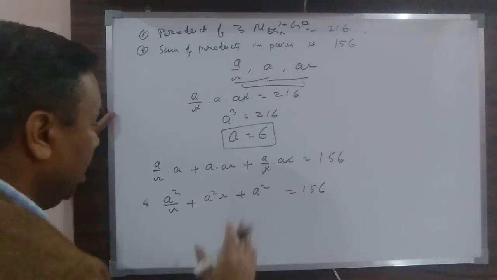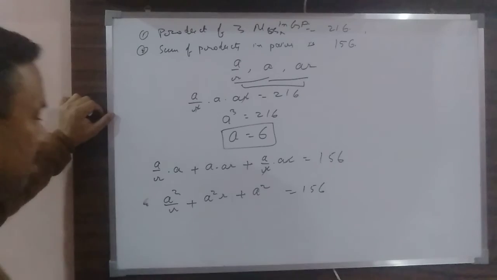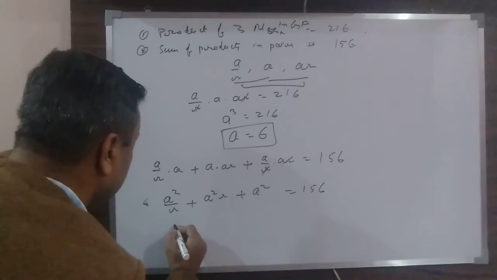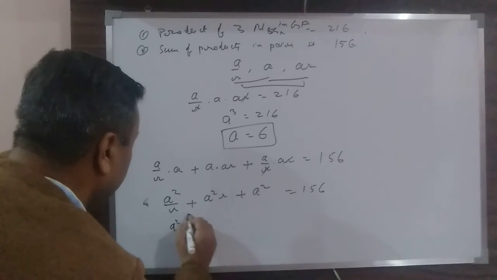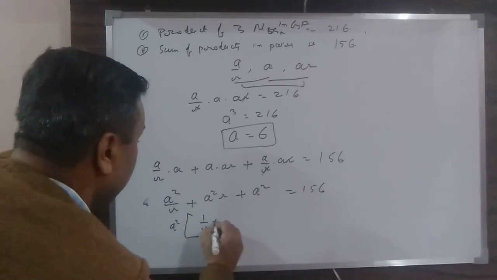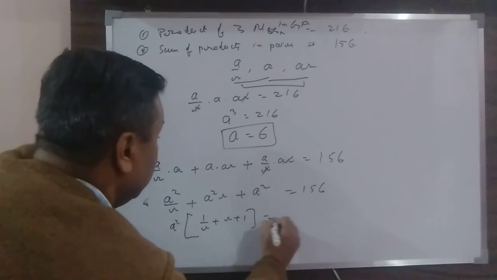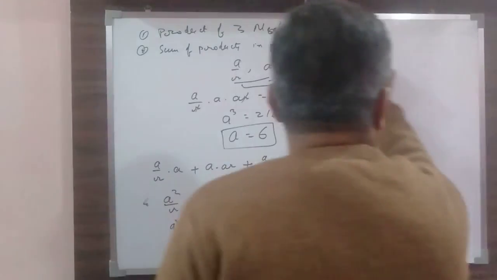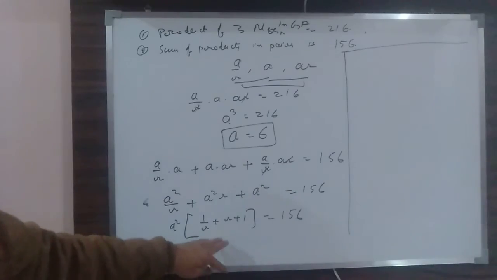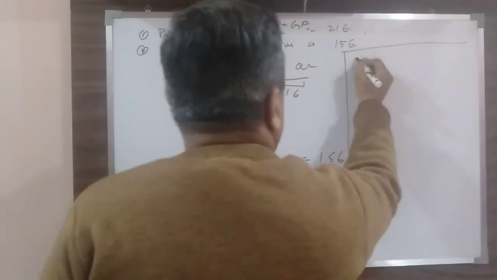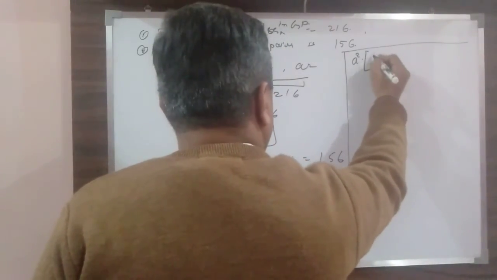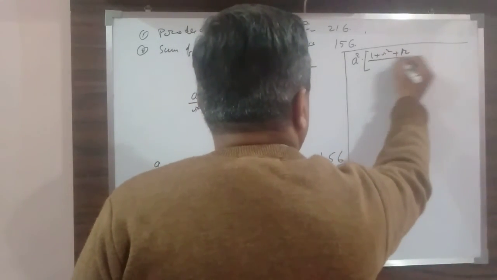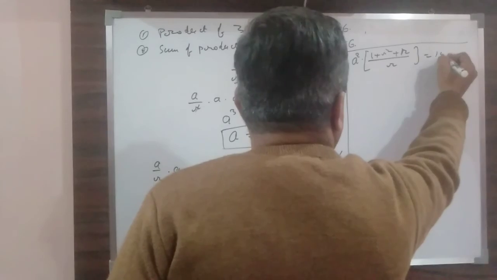If I take a square as common and just use this, so what I get is a square into 1 by r plus 1 is equal to 156. So what this will be? A square into 1 plus r square plus r divided by r equal to 156.